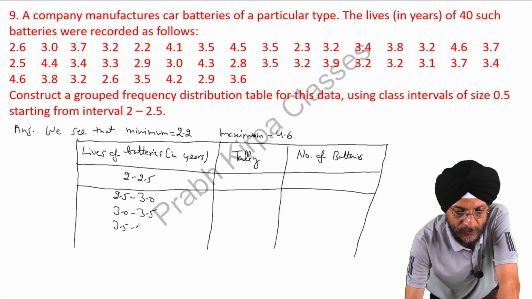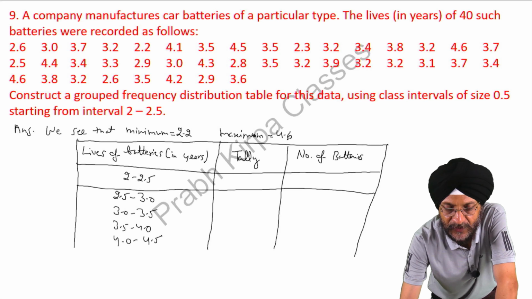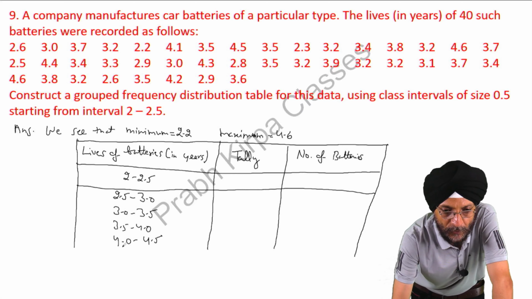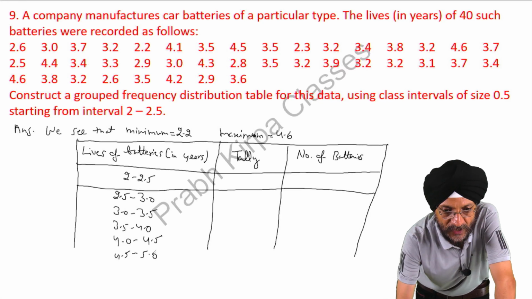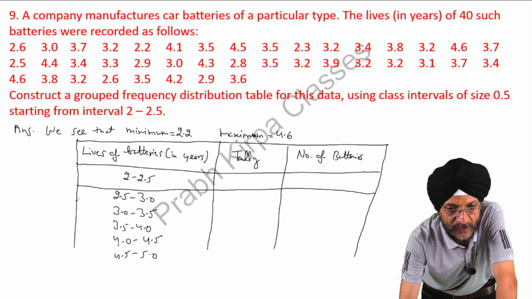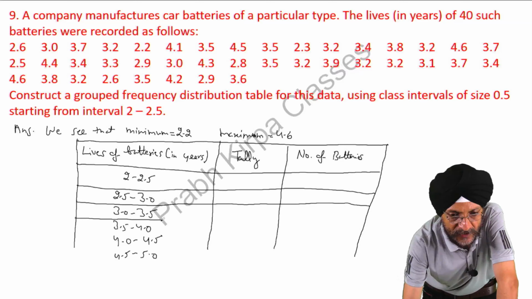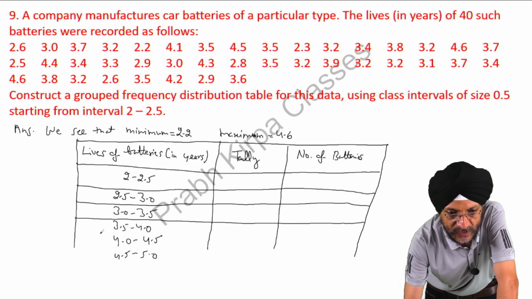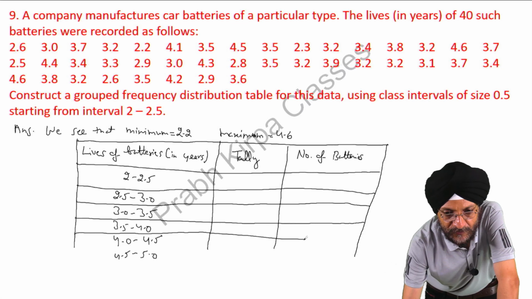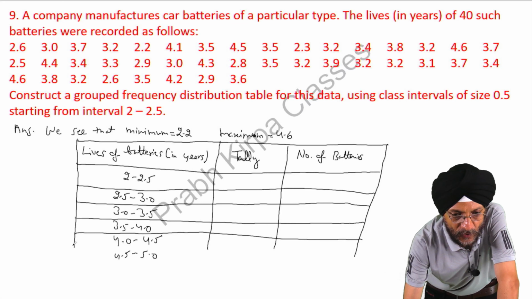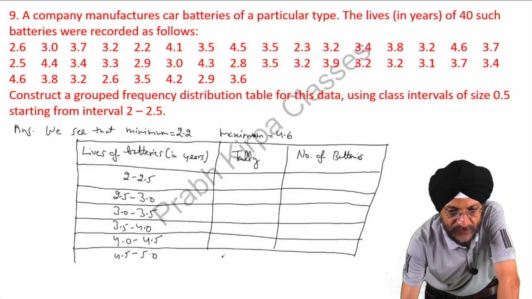Next will be 3.5 to 4.0, and the next will be 4.0 to 4.5. And the next will be 4.5 to 5, as we will have to take into account 4.6. So here we will draw the lines so that there is no confusion at any stage when we count the number of batteries which fall in a particular class interval.